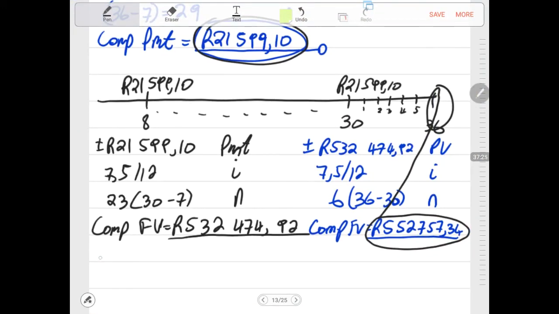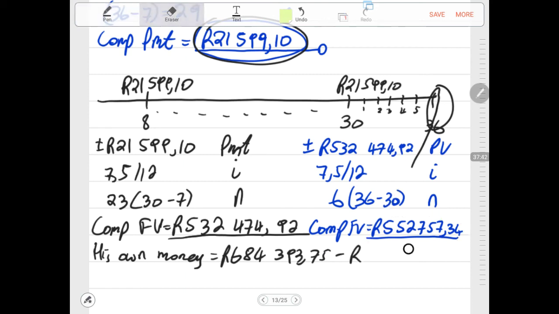So now we need to say his own money will be 684,393.75 minus, deduct 552,757.34.